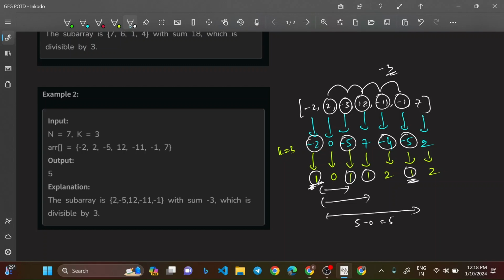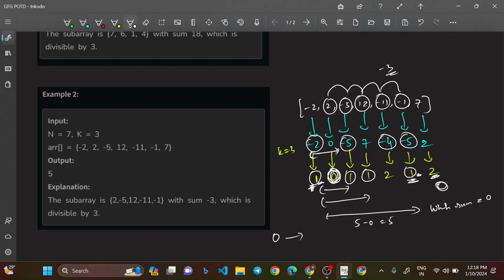So you'll be storing this initial index, and whenever you get the same index, take that particular difference. But in case you are getting a 0 up to this point, that means this is also divisible, isn't it? A 0 sum is divisible by any number. So in this case also take that length into consideration, because if instead of 2 here you have got a 0, that means the whole subarray sum is equal to 0.